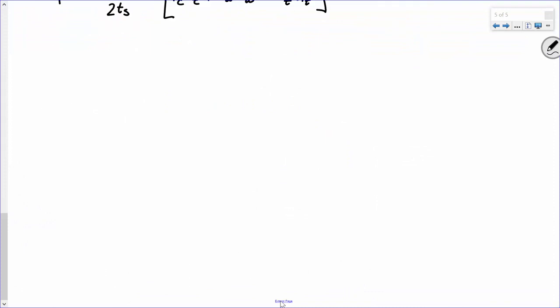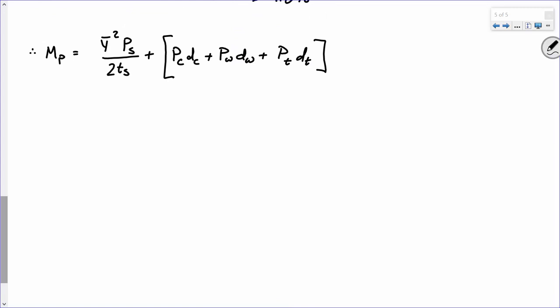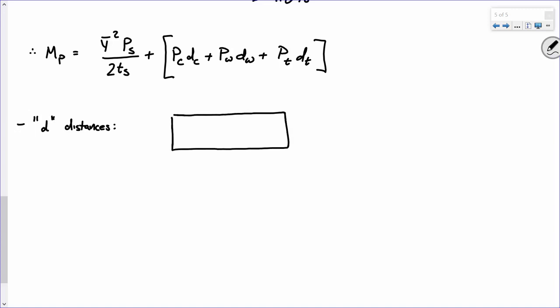So let's look at those d distances. We might work backwards just because it might be a little easier to understand, and that's fine. So here's my section. Let's go back to this.